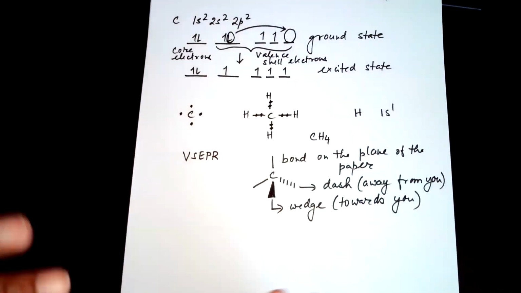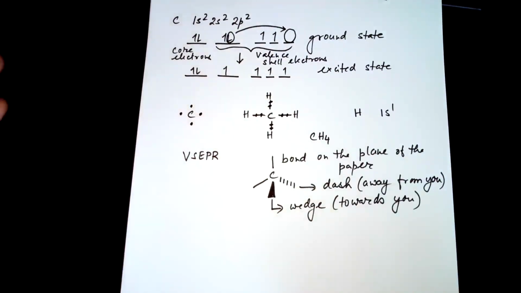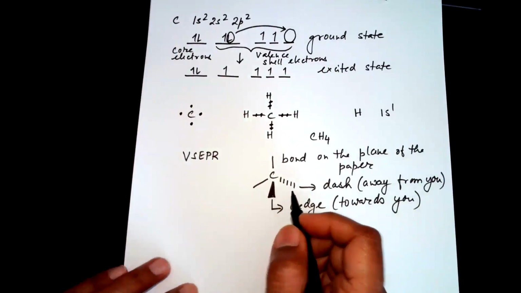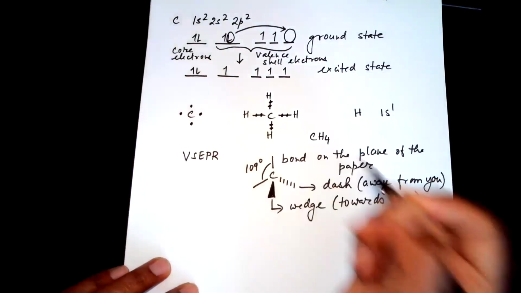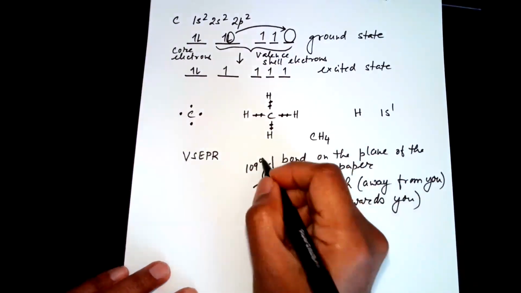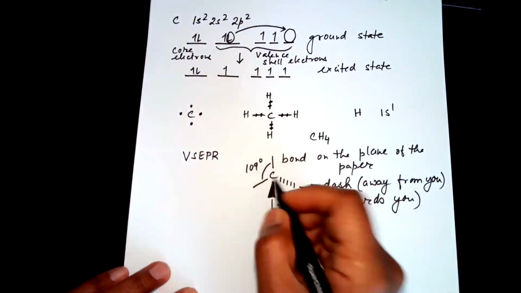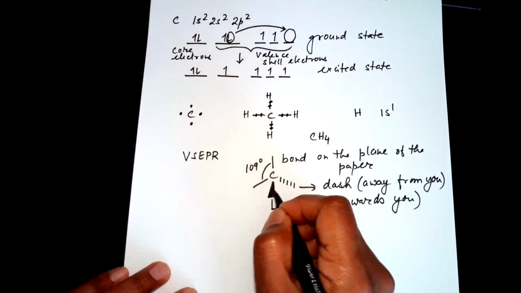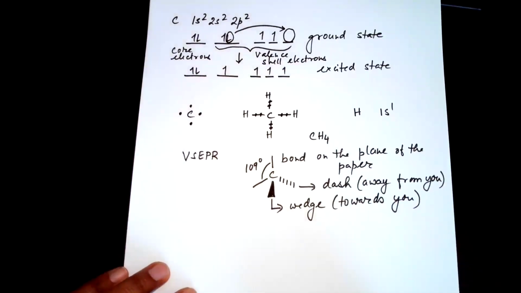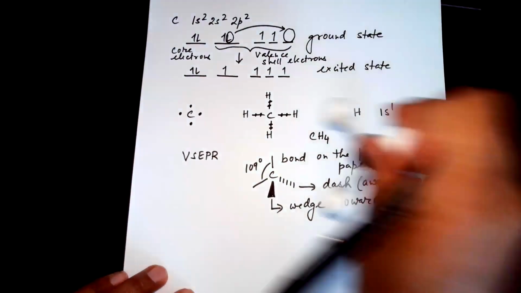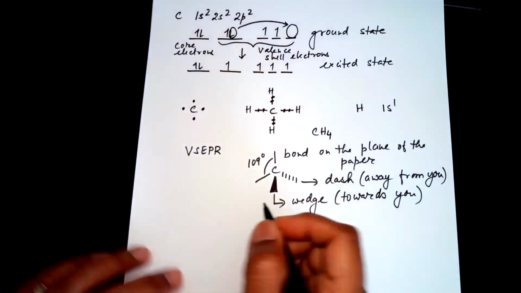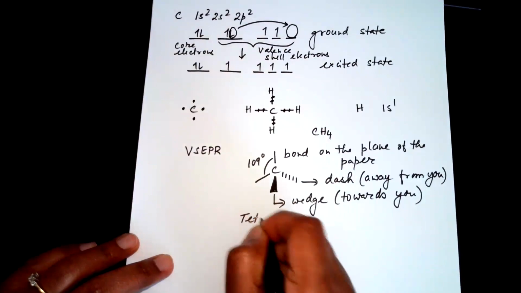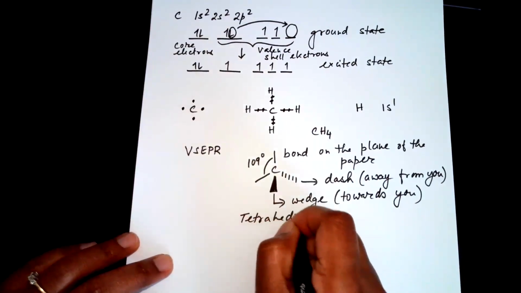They all like to be as far apart from each other as possible. In a 3D space, the farthest they can be is 109 degrees and some minutes. So that bond angle is 109 degrees. This bond angle is 109 degrees. So is this, and so is that one. And that's what tetrahedral geometry of your molecule tells you. So this geometry of the molecule is tetrahedral geometry.